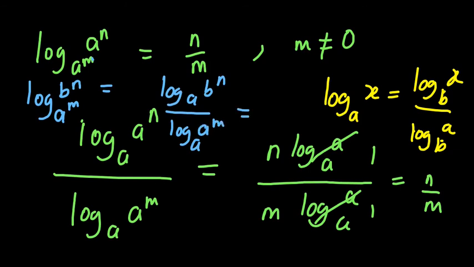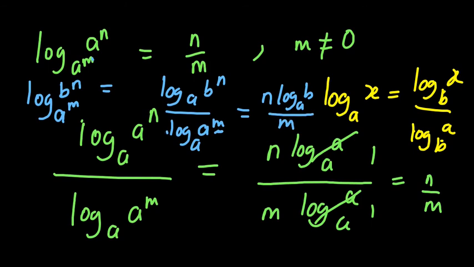Of course here a and b, we cannot apply the identity property, so we'll be left with n log base a of b over m. We just moved m behind the base, and log a of a is 1.